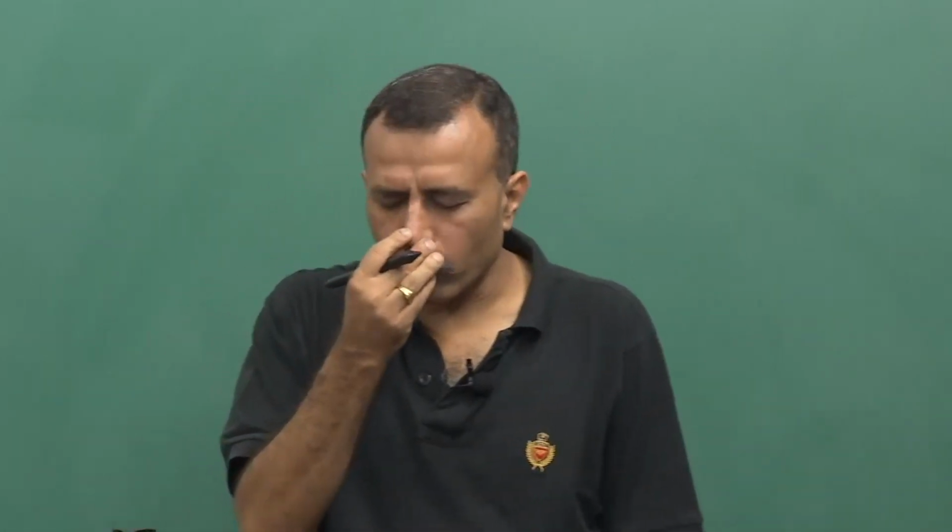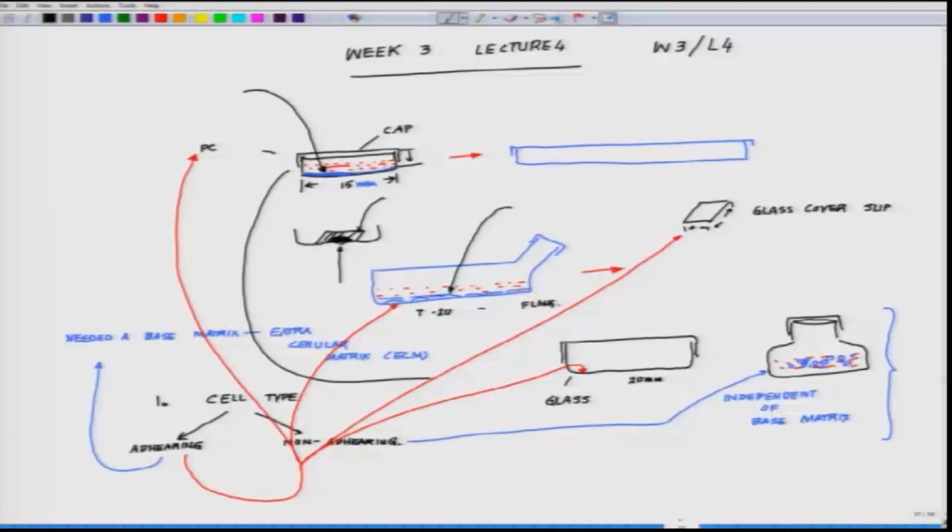At this stage, the take home message for you is, yes, we have these different kinds of vessels that I started with. We are at the fifth lecture of week 3, where we are almost at the phase of concluding.